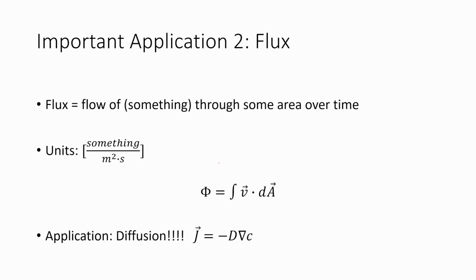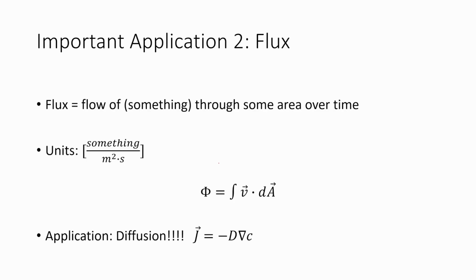And the flux at the end of the day is this way of quantifying how much of something flows through a given area over time. And that shows up very directly in the units. It's going to have units of something, where the something is dependent on which physical quantity we're discussing, heat or electric fields or light or particles or whatever. And it's per meter squared per second.